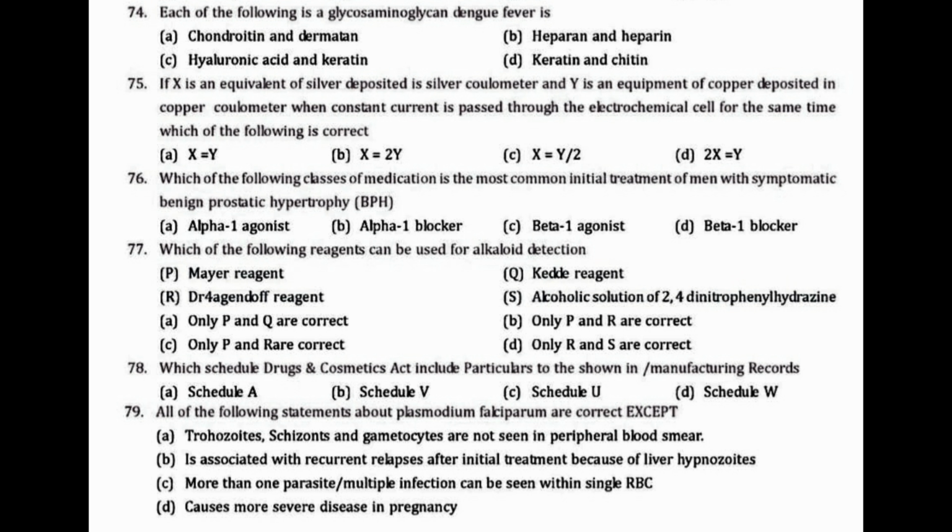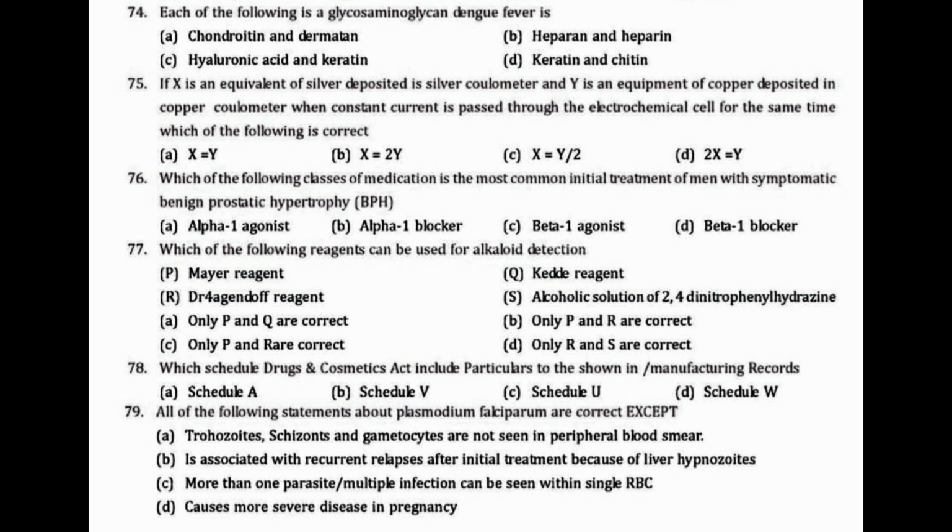Question number 76. Which of the following classes of medication is the most common initial treatment of men with symptomatic benign prostate hypertrophy? Option A, alpha 1 agonist, B, alpha 1 blocker, C, beta 1 agonist, D, beta 1 blocker. The correct answer is option B, alpha 1 blocker. Alpha 1 blockers don't change the size or structure of the prostate.